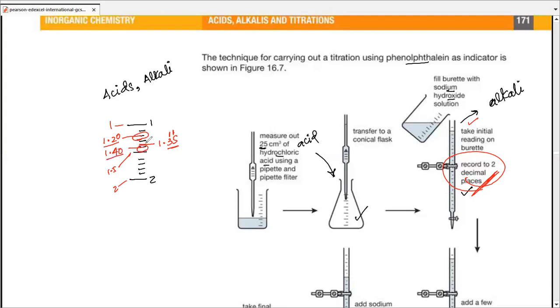What if we have something in between? Like, what if we have the liquid level over here? Then it's 1, 1.1, 2, 3, 4, 5, 6, 7, 8, and something in between is 1.85. So if it's in between 1.8 and 1.9, we're going to call it 1.85.